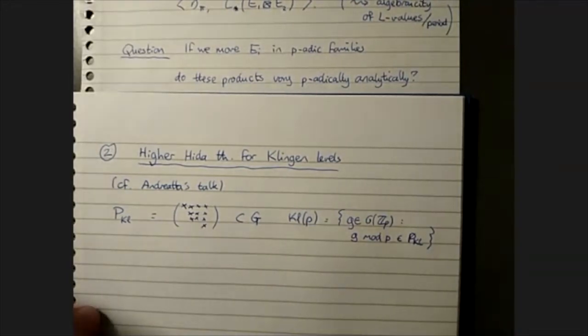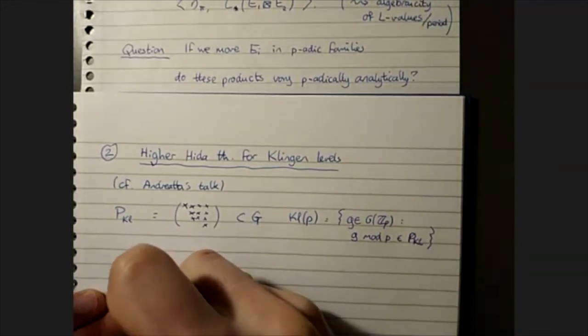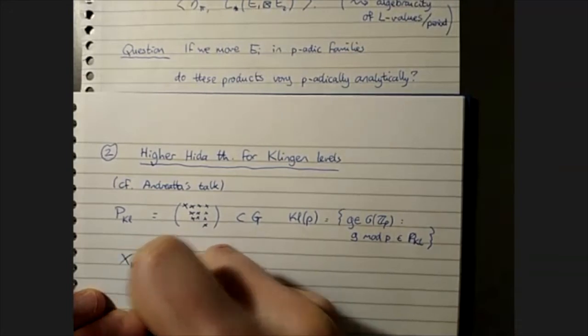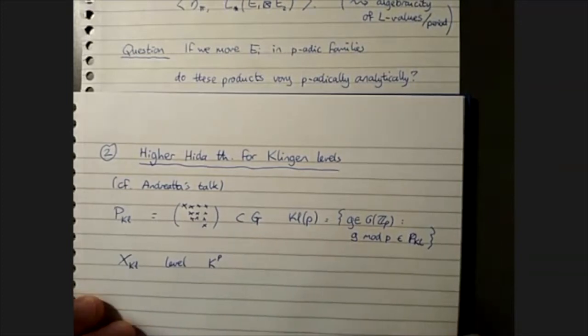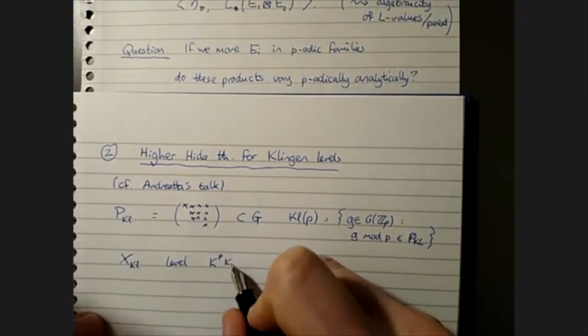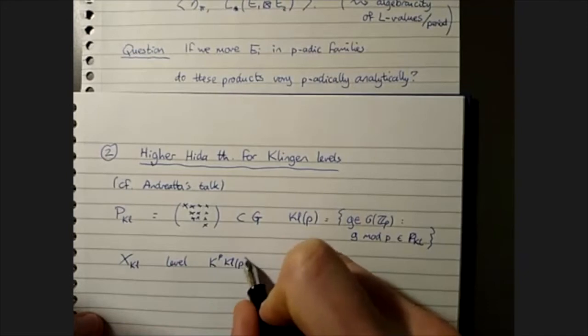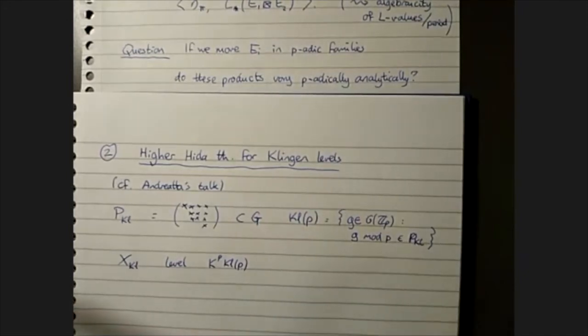And I'm going to take a Siegel variety X_Kl, and it's going to have some level away from p, which I don't care about very much. And it will be Klingen mod p.